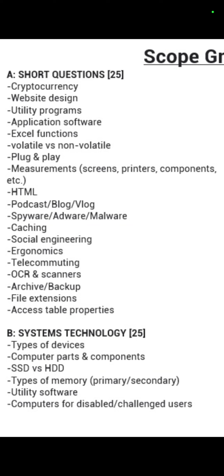I'm not sure what they mean about components. I assume it's the CPU, the central processing unit, which is obviously measured in gigahertz. Your flash drives or hard drives or SSDs are measured in gigabytes or terabytes. And then I'm trying to think if there's anything else that we've done with regards to the measurements.